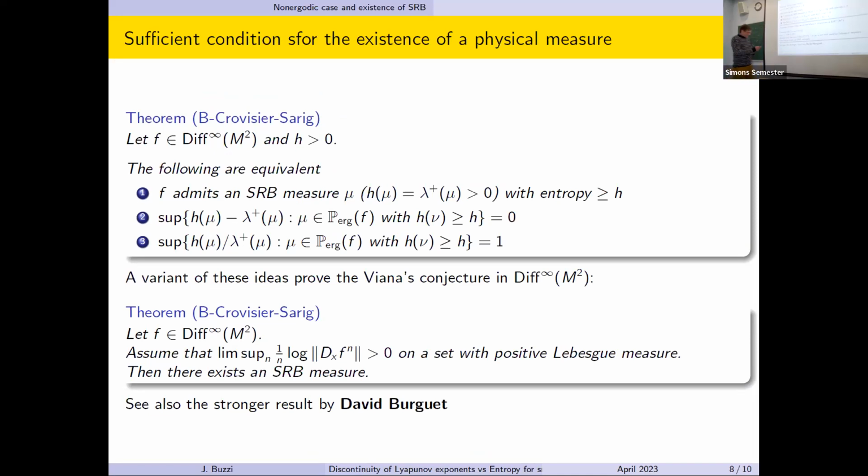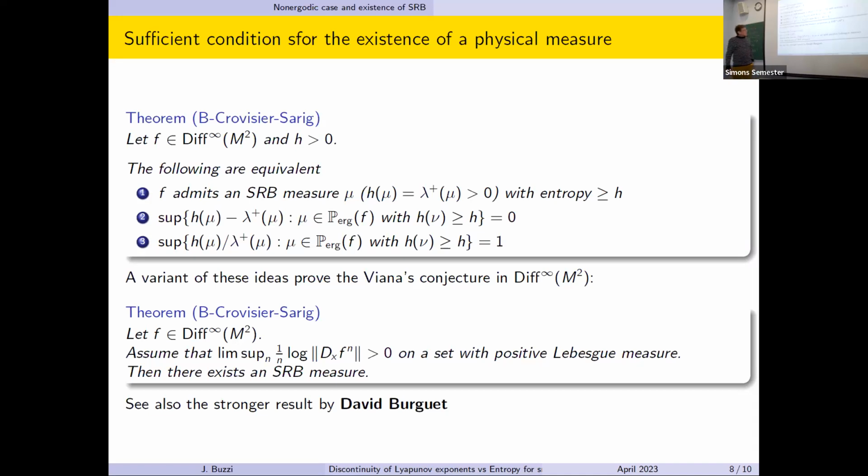So let me recall for us, in dimension 2, SRB measures, SRB for Sinai-Ruelle-Bowen, we heard it from Mark, are the ergodic measures such that the entropy is equal to the top exponent, and this is not zero.